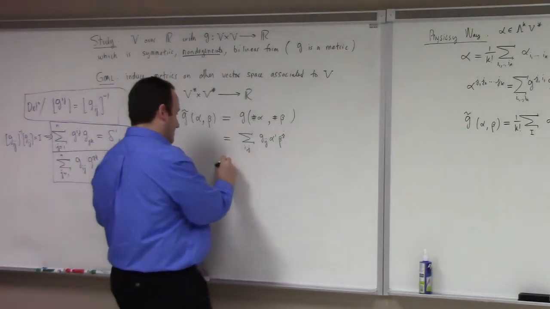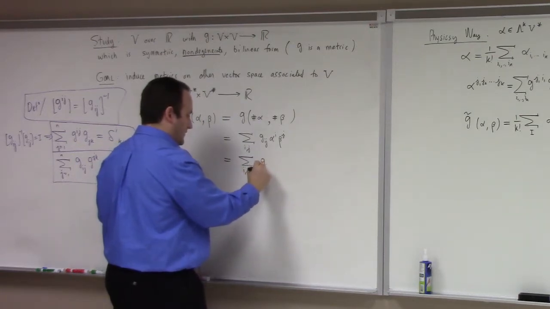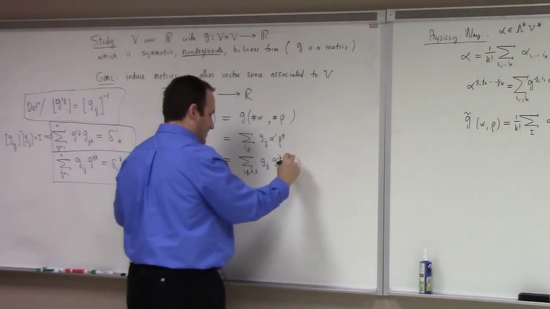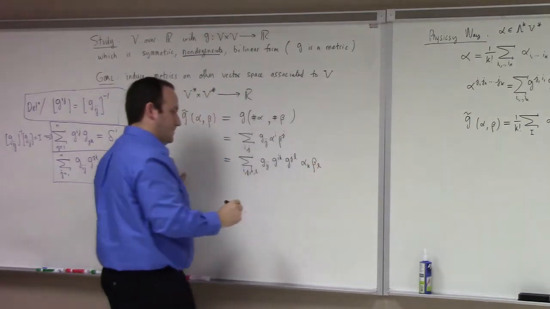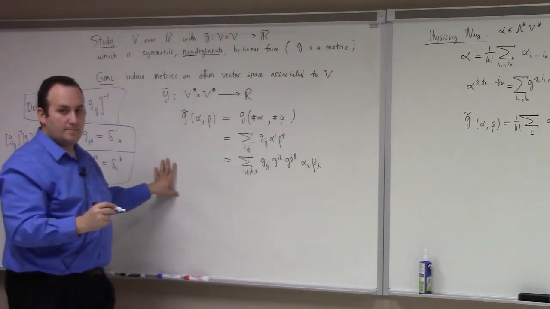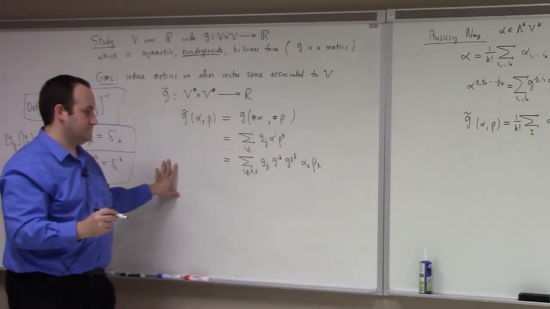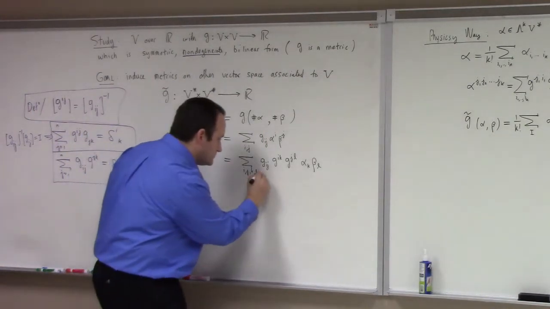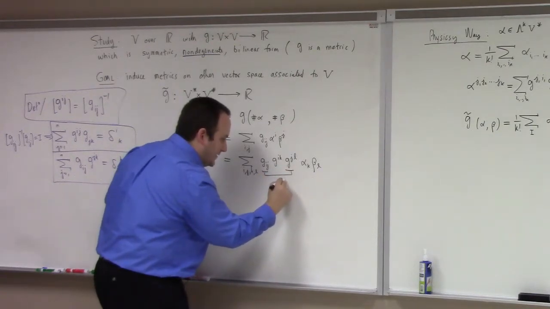But that is this. All right. And what is that? Well, these two go together to give us a Kronecker delta IL, right?